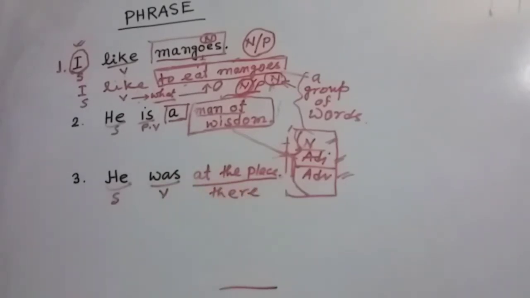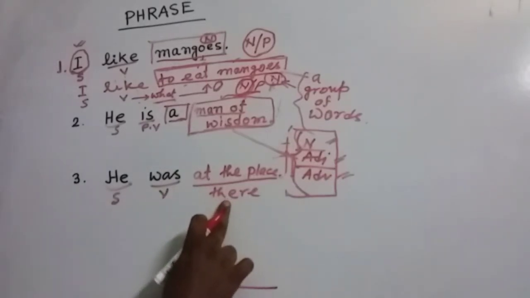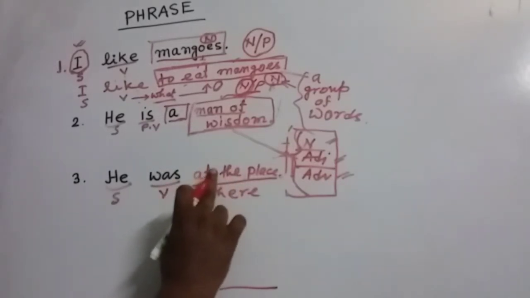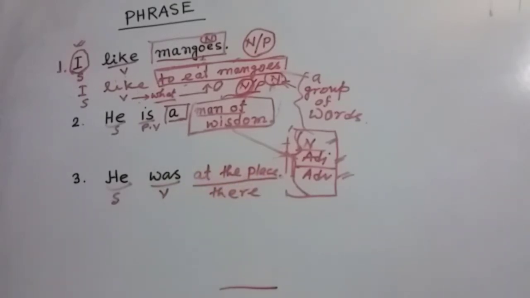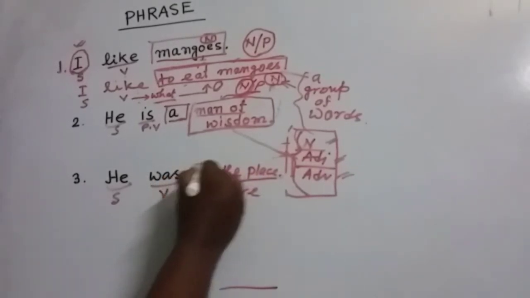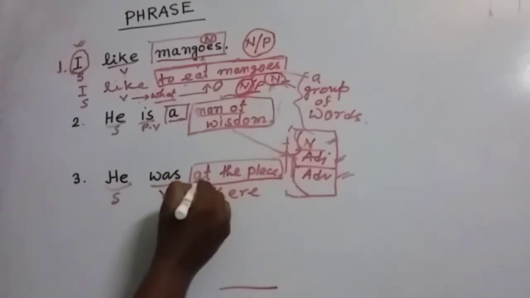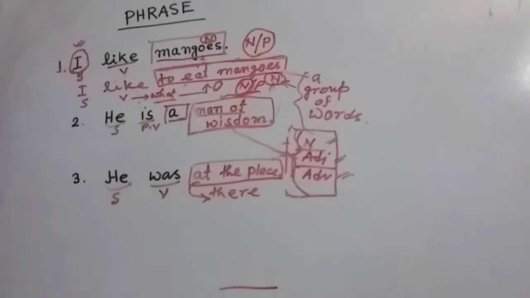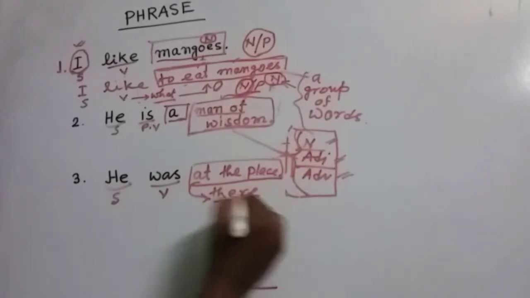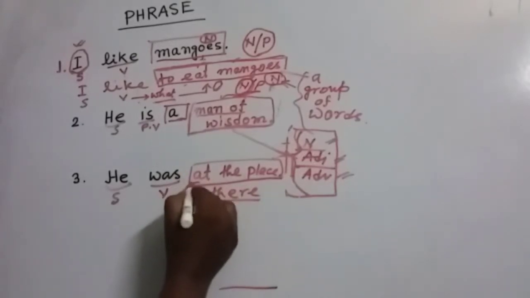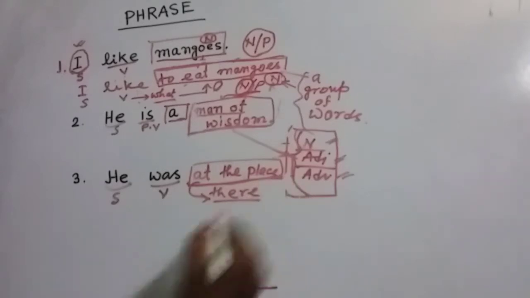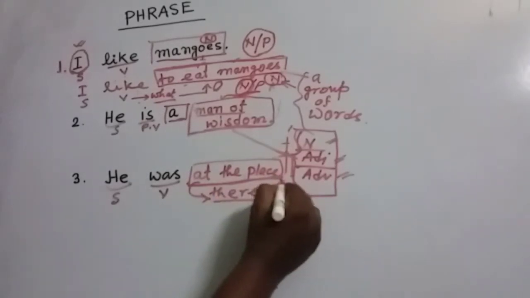My dear friends, there and at the place, both are almost the same. You can understand the meaning of there, and also you can understand at the place, the meaning of this group of words. So both are same. That means we have just replaced this group of words with the term there. Both are same, and we know this is an adverb, and this group of words is acting like an adverb in this sentence.